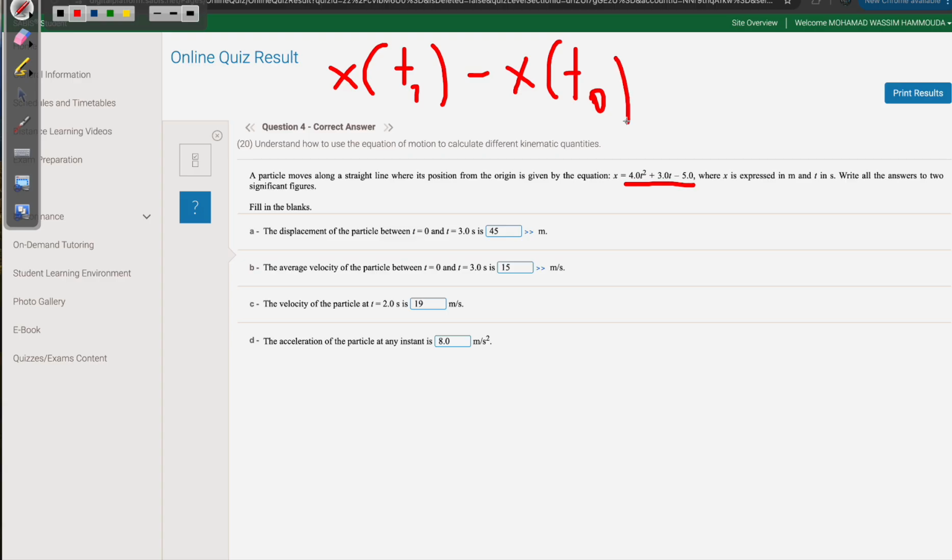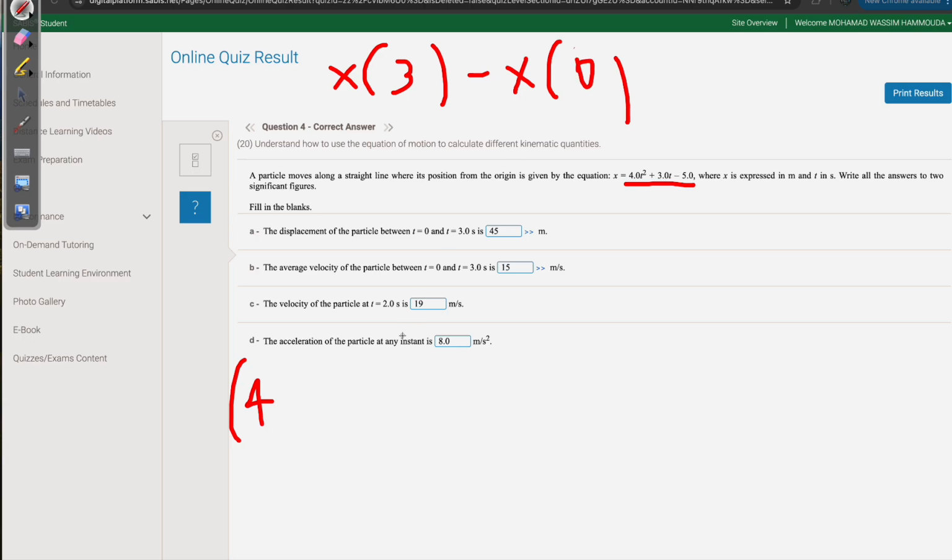In this case, t1 is 3 and t0 is 0, because they want t is 0 and t is 3. You can just put it on the calculator, but I'm gonna remind you that t1 is 3 and t0 is 0, so we don't make mistakes.